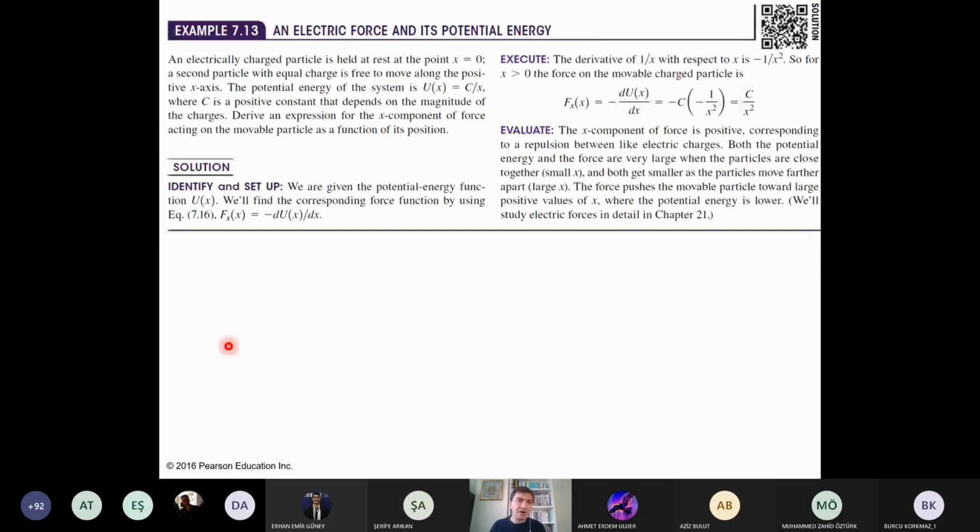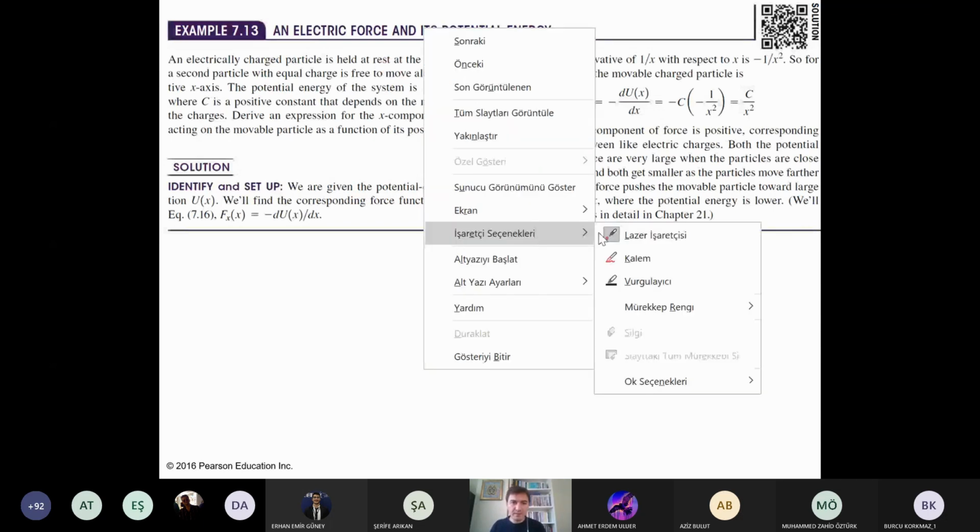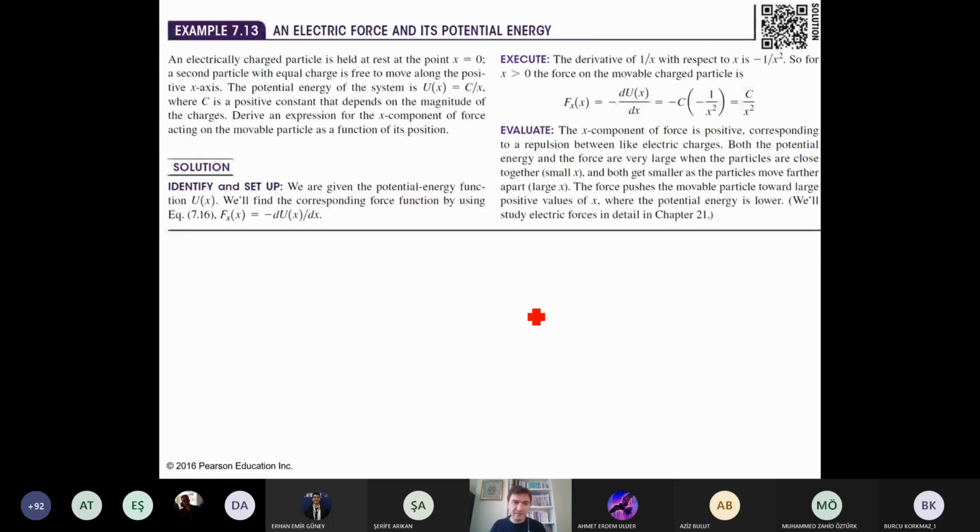An electrically charged particle is held at rest at point x equals 0. Let me draw. This is the x-axis. Let's consider this is positive x. This is x equals 0, the origin. This is the minus x, negative x. So here we have a charged particle at this position.